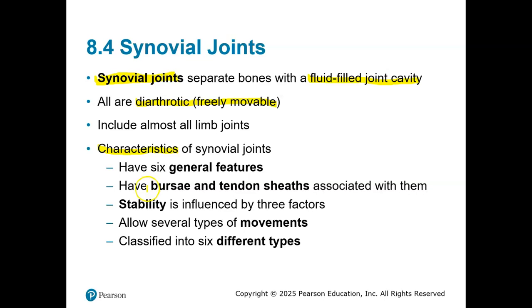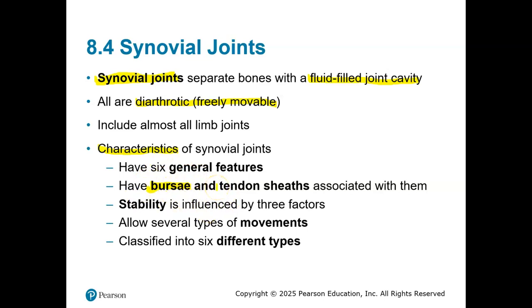Synovial joints have bursa, and some joints have more than others. A bursa is like a packet of synovial fluid placed within the joint to prevent friction. Some people get bursitis, and that's when that bursa is inflamed.